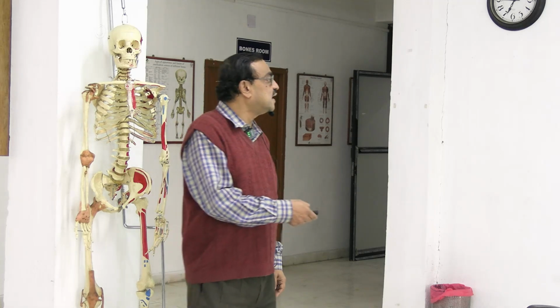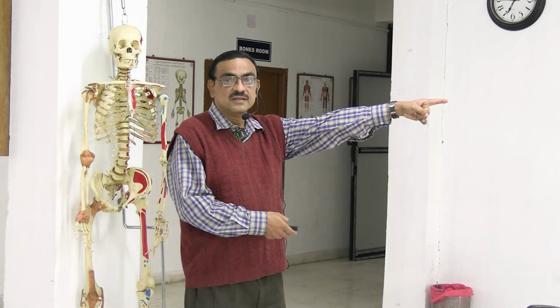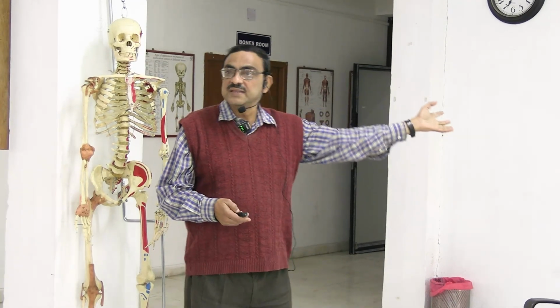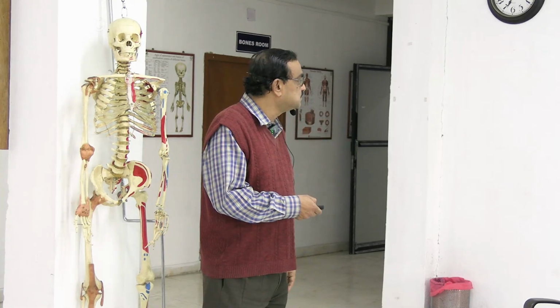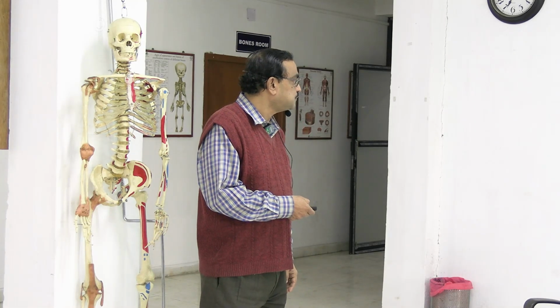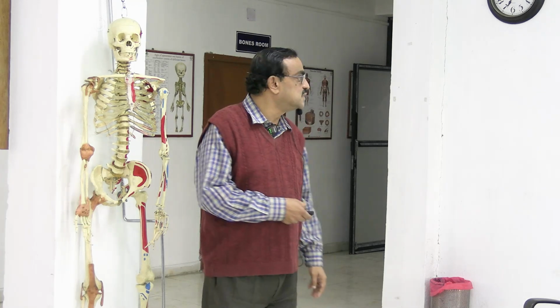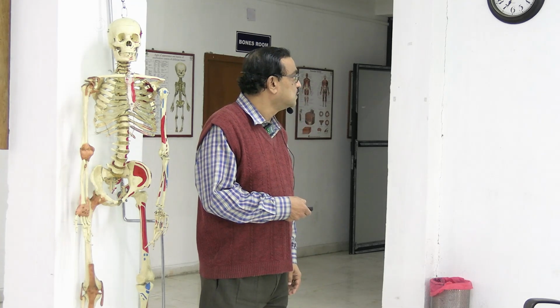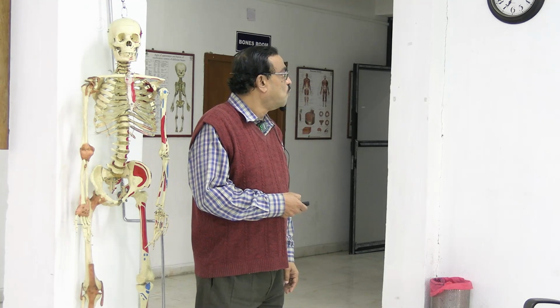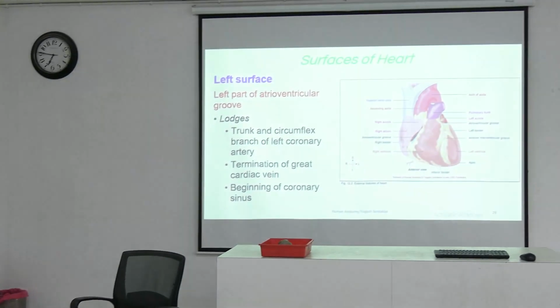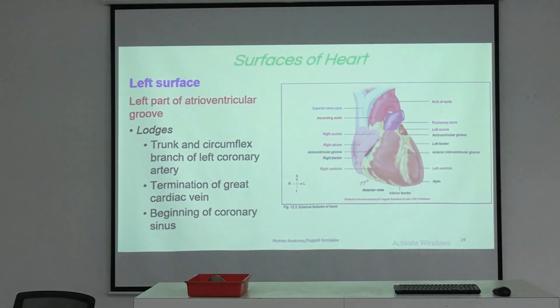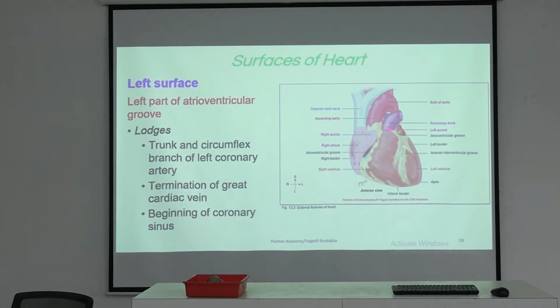So we can see the diaphragmatic surface contributed by the right and left ventricles. Diaphragmatic surface is the inferior surface. What is the left surface? On this left side, it is contributed by the left ventricle and also by the left auricle.